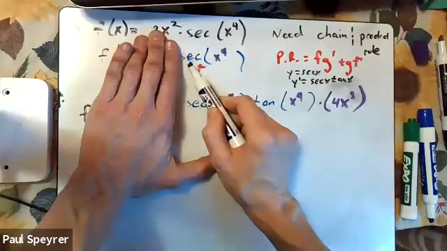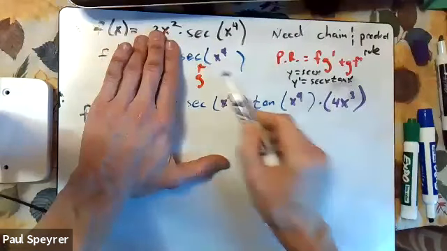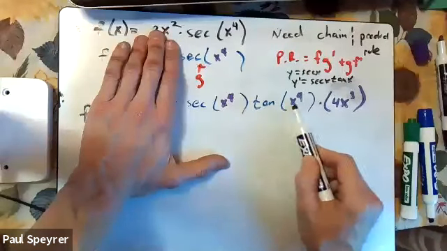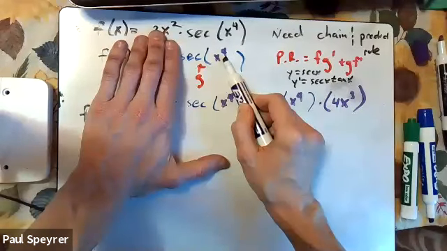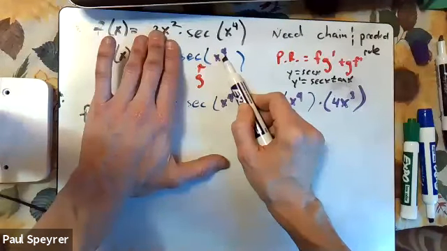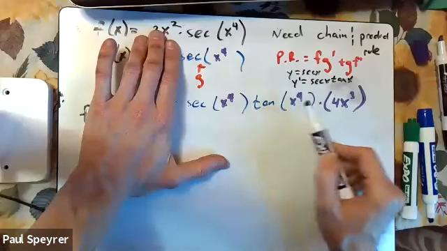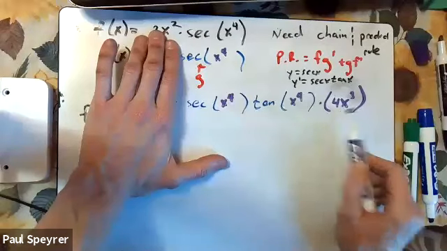So the derivative of secant is secant x tan x, but it wasn't just plain old x, right? We had x to the fourth. That's why I put these x to the fourths here. If it was secant of whatever, and we asked, what's the derivative of secant of whatever? It'd be secant of whatever, tangent of whatever, times the derivative of whatever, like that.